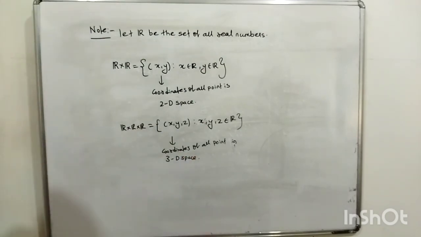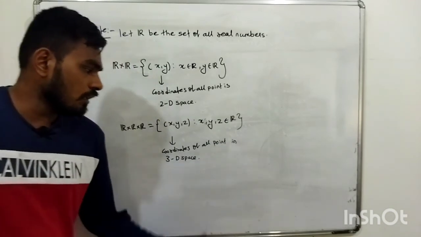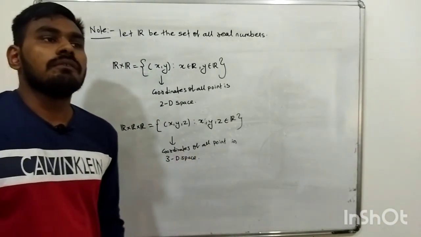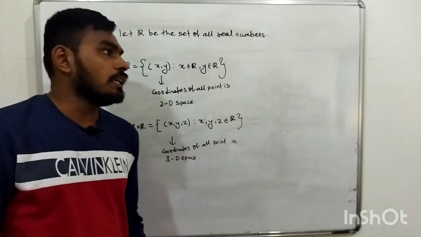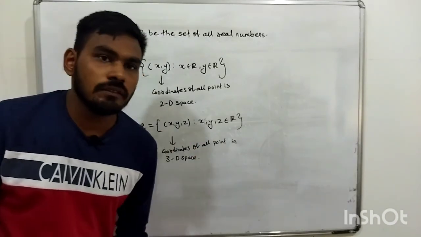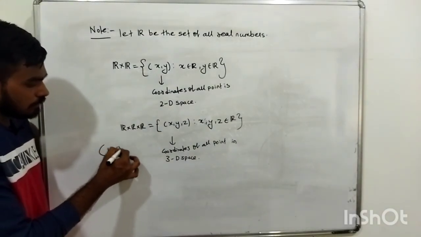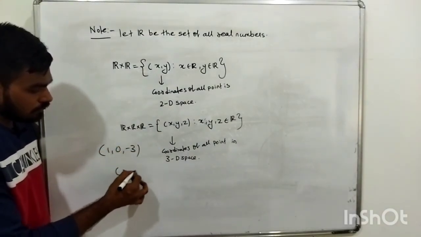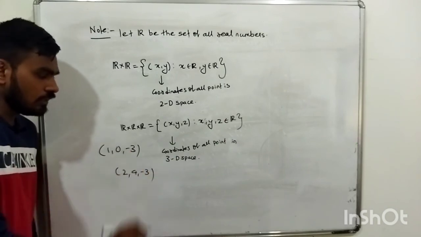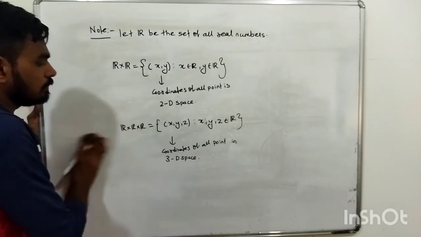In physics you might have learned in basics vector and all. Or we'll learn this further. In maths only there is a lesson called 3D geometry, there we'll go through this in detail. So just remember all the points in 3D space, means (1, 0, minus 3), (2, 4, minus 3), like this. Okay, all these points denote the coordinates of all points in 3D space.